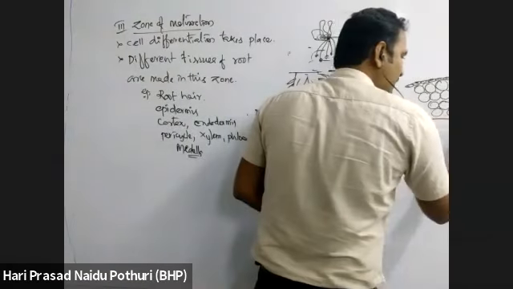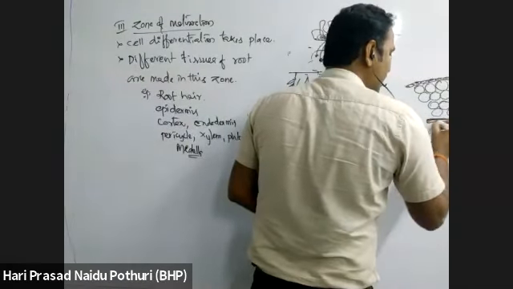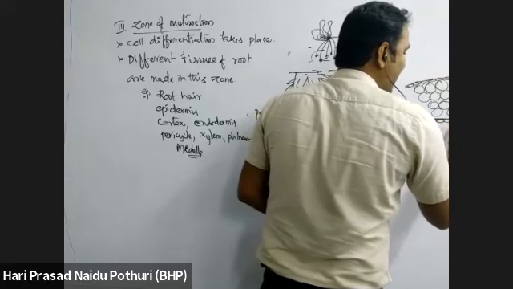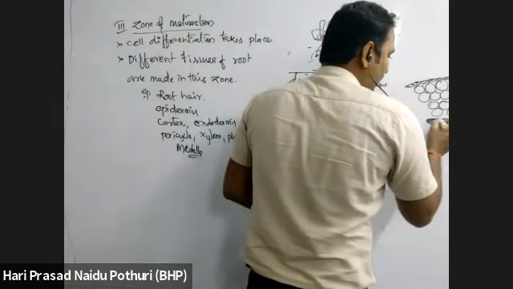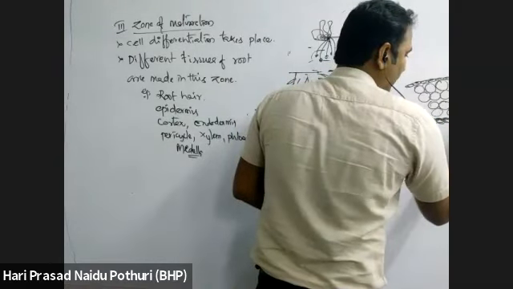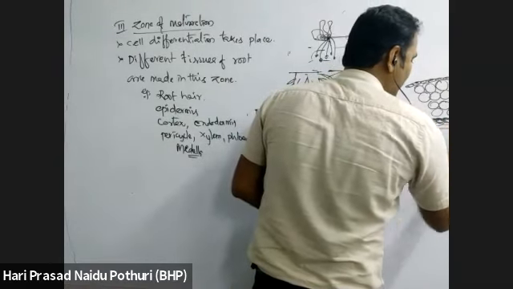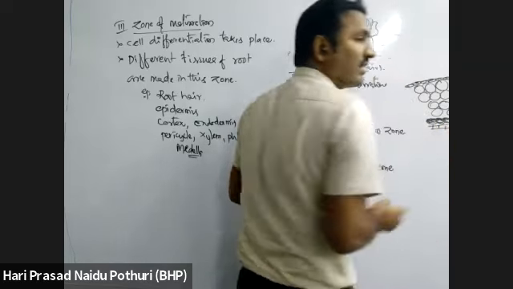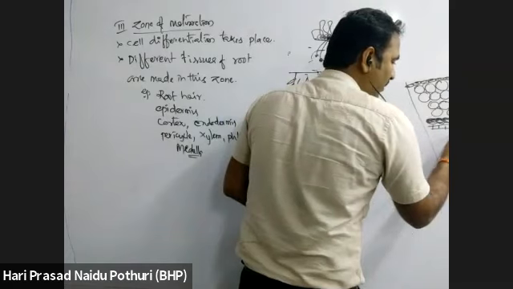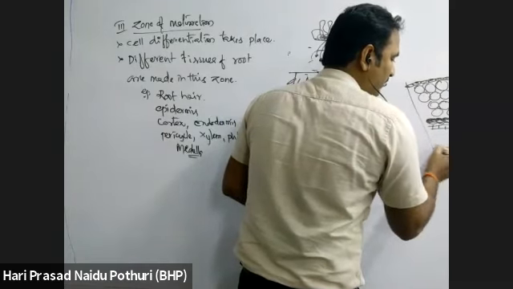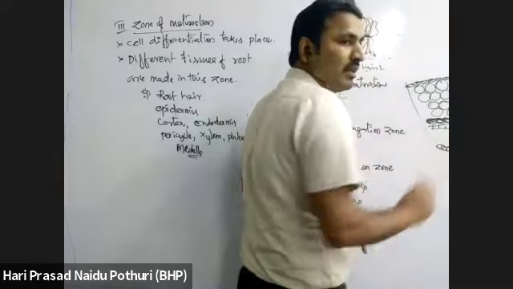Then below that, there is the endodermis, which has Casparian strips and passage cells, as we discussed. Below that endodermis, there is a layer of pericycle. Inside the pericycle there is xylem. Xylem is present in vascular bundles.